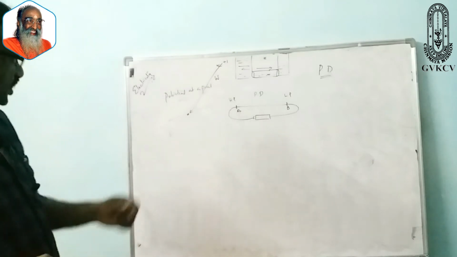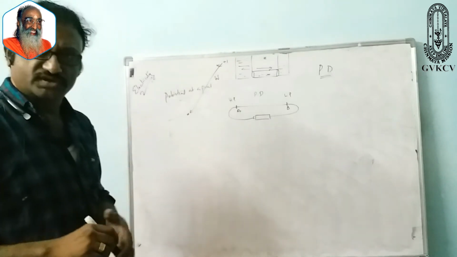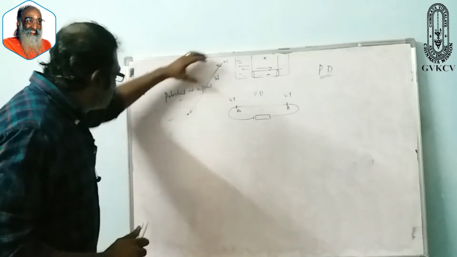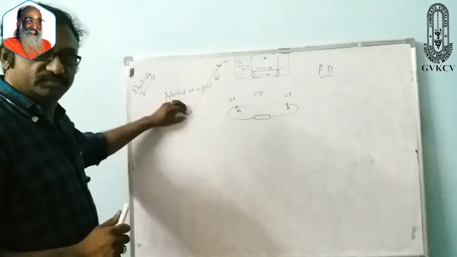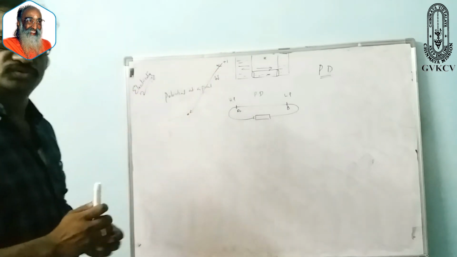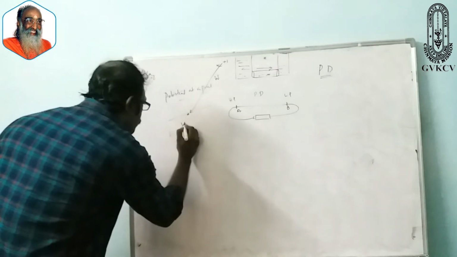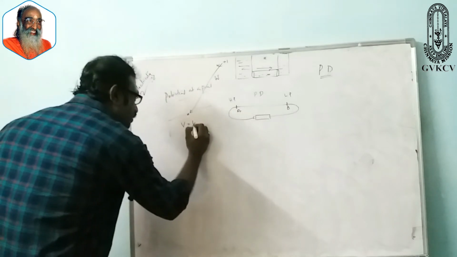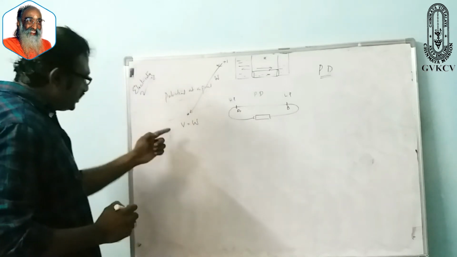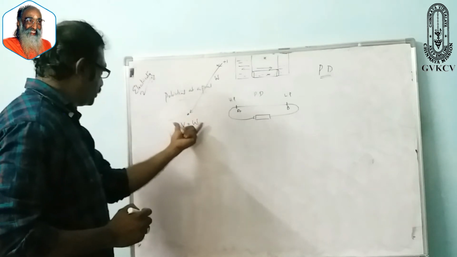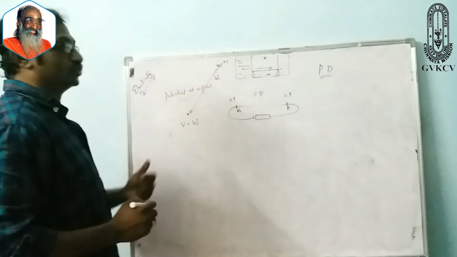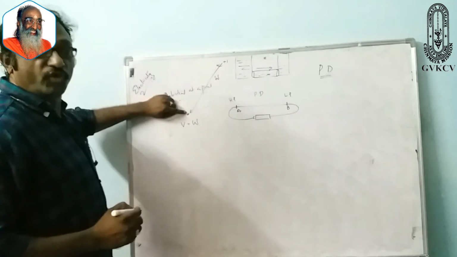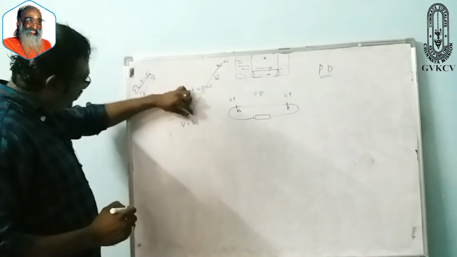Now you know the law of conservation of energy. By understanding that, we can say that because of this work done, some energy is stored at this point. It is due to the work done W. The potential at this point is V. Potential is denoted by V, and if you are bringing a unit positive charge, the potential at this point will be equal to the amount of work done.